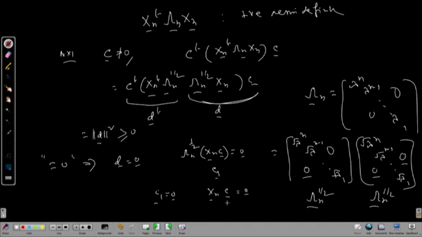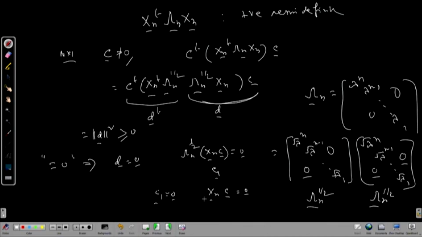Since C is a non-zero vector, you can linearly combine the columns of X n by the elements of C and equate to 0. So one column can be written as a linear combination of the other columns. The columns are linearly dependent, which we assume is not the case, because data is coming purely randomly. There is no linear relation in the background connecting them.